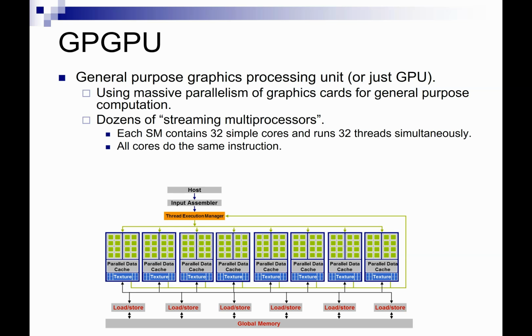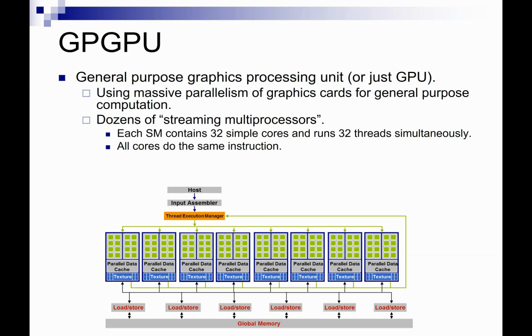Even though we have thousands of cores, we're going to package these cores together. We're going to combine some of these cores into what's called a streaming multiprocessor. For example, we could combine 32 of these cores into a streaming multiprocessor. Then a GPU would consist of several dozen SMs, each of which has 32 cores.